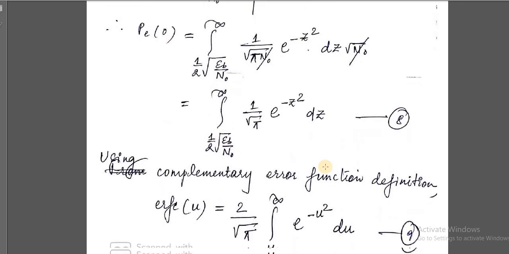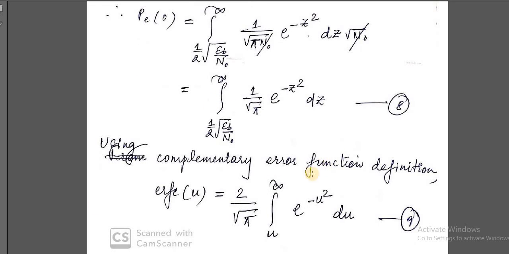Now this probability of error expression that we got, we are going to use the definition of the complementary error function here. So what is the definition of the complementary error function? The complementary error function of u is defined as 2 divided by root of pi, integration u to infinity e to the power minus u square du.